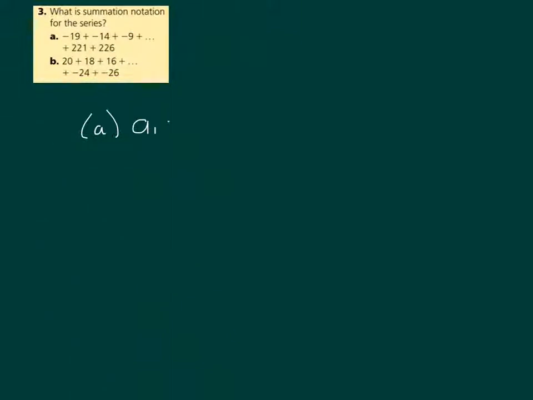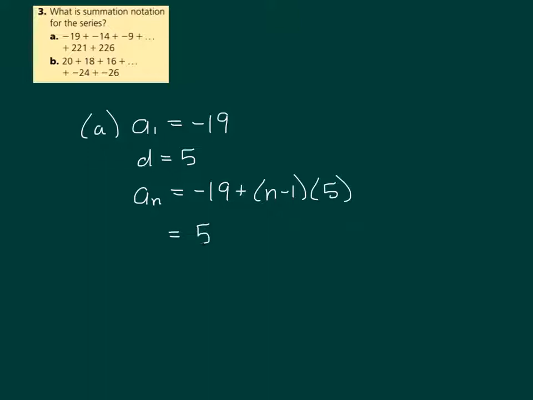So we know the first term is negative 19. We know the common difference is 5. So the explicit formula, a_n, is negative 19 plus n minus 1 times 5, which if we simplify, we get 5n minus 24. So we need to know how many terms there are. So I need to know 226 is what term in this sequence.